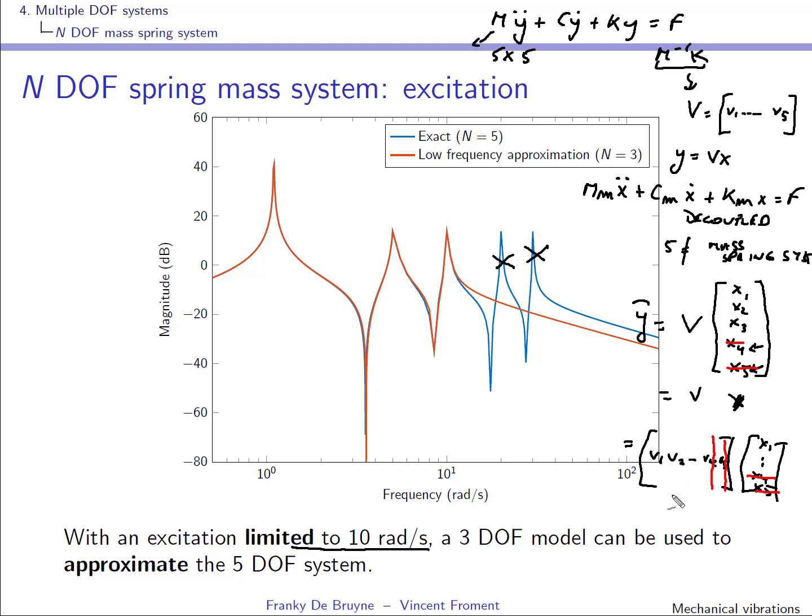We have now a matrix V which is 5 times 3, and we can approximate y1 to y5. Okay, so we can use a 3-degree of freedom model, but we can still have the displacement of our 5 masses in the original problem.